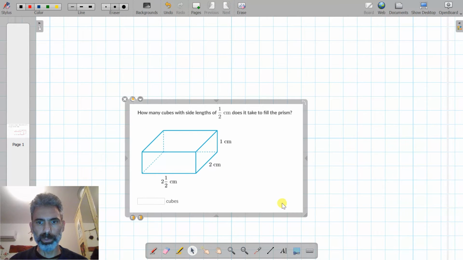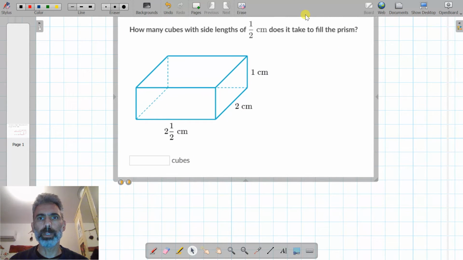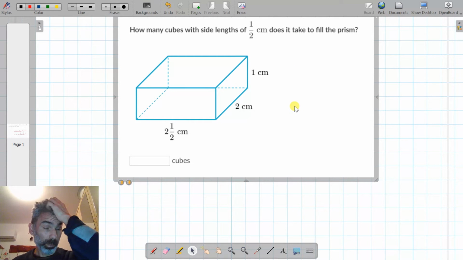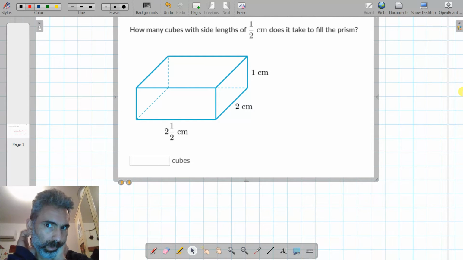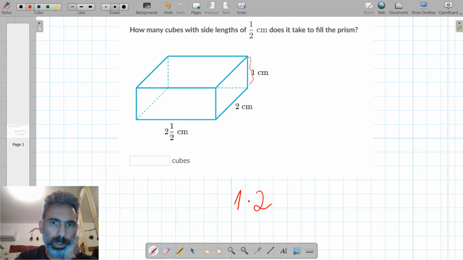How many cubes with side length of 1/2 centimeter does it take to fill the prism? Okay, so the total volume of the prism is 1 centimeter, which is the height, times 2 centimeters, which is the length, times 2.5.